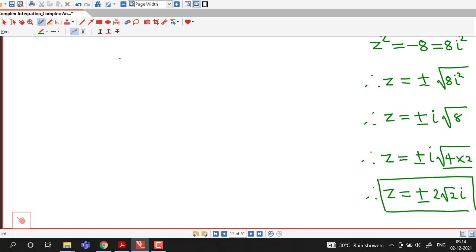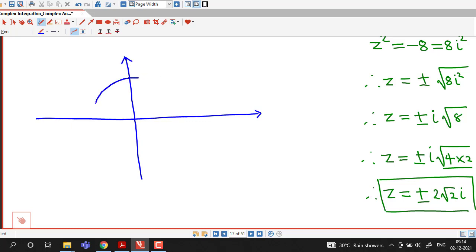Now our contour is |z| = 2, that is a circle with center 0 and radius 2. Suppose this is the circle with center 0 and radius 2, described in the positive sense, that is counterclockwise.